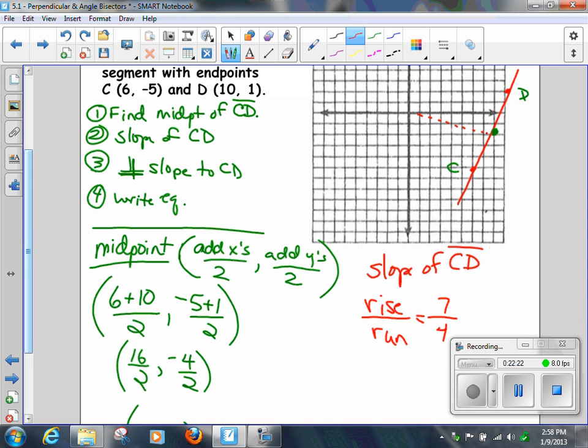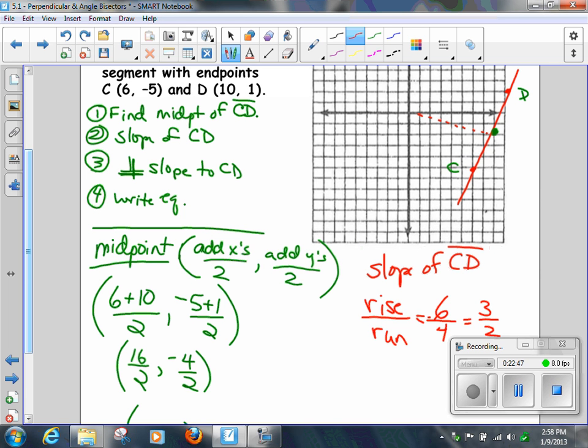Yep, I messed it up. Hold up. 6/4, because remember, I rotated my line. And are we going to leave it at 6/4, or what are we going to do? Reduce it to 3/2. Folks, we could also use the slope formula, and we would figure out that it is 3/2.